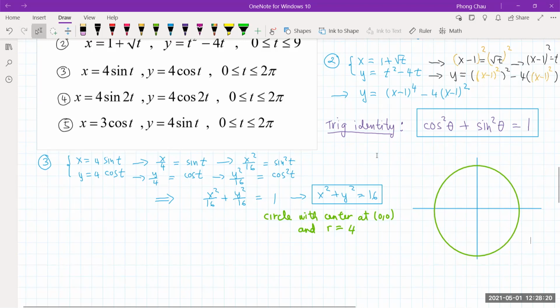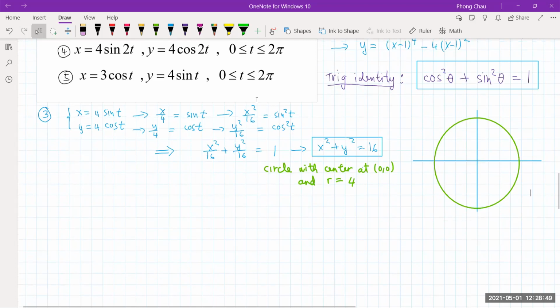Now, one thing, again, is the difference between the one that we drew, this circle x squared plus y squared equals 16, and the original parametric equation. If you graph x squared plus y squared equals 16, that is a circle, and that's it. But our original parametric equation is this one where t runs from 0 to 2 pi.